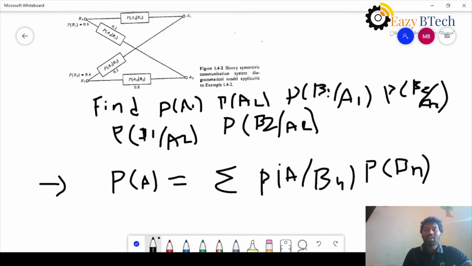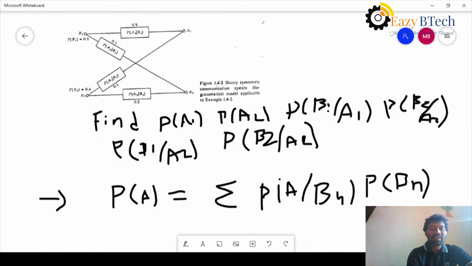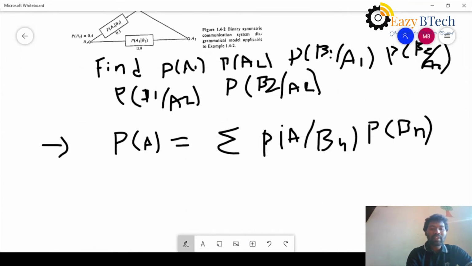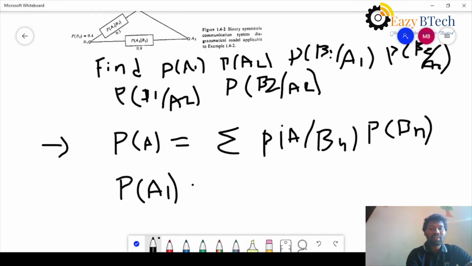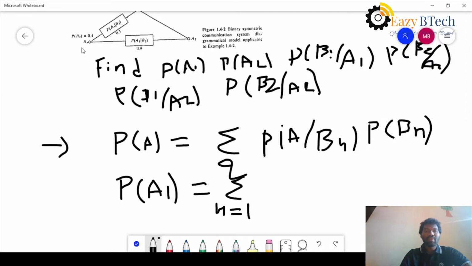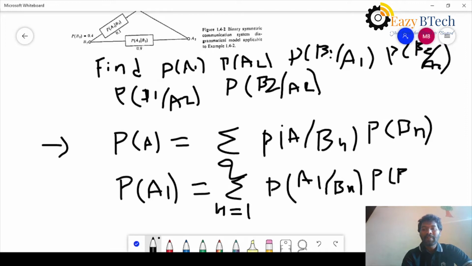So this is the formula we know. We change this formula like this. In place of A, write A1. So it becomes P of A1 equals summation n equal to 1 to 2. Why 1 to 2? Because here they gave you B1 and B2. So P of A1 given Bn into P of Bn.